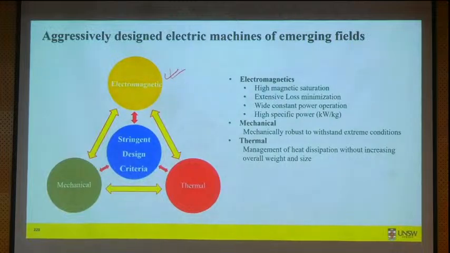Okay, multiphysics optimization, and this may be required when you are designing aggressively. Okay, that means you want your machine to operate at the limit of mechanical robustness or limit of thermal conditions. Okay, in that case, you may want to do actually multiphysics optimization.